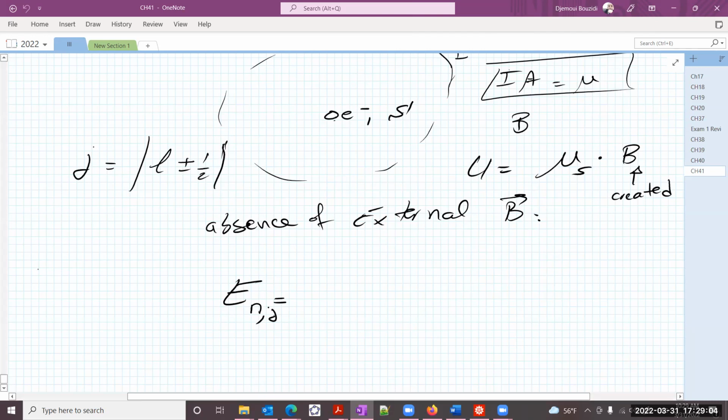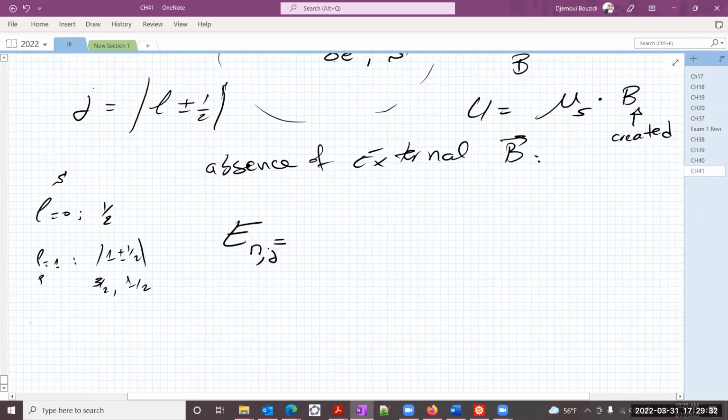L equals 0, these are the S levels. They will have 1/2 only, plus or minus 1/2 in absolute value. So the value of J will be 1/2. For L equals 1, which are the p orbitals, by the way, I will have the absolute value of 1 plus or minus 1/2, so either 3/2 or 1/2 for the J value.